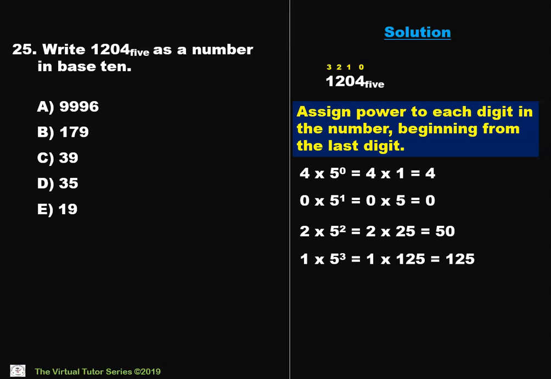Now, we sum up all the numbers from the above convention. So we have 4 plus 0 plus 50 plus 125. This gives us 179. Therefore, 1204 base 5 is equal to 179 base 10. Therefore, the correct answer is option B.